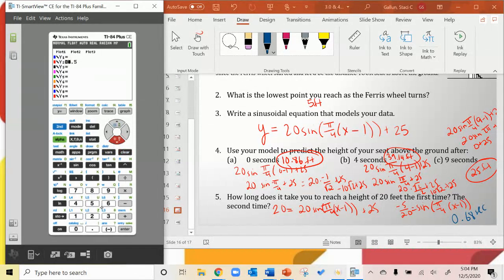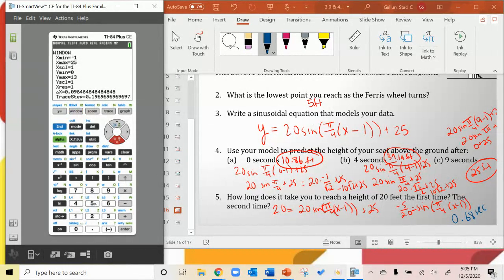Let's also take a look at the graph, and I've got other stuff in here, sorry. In Y2, I'll put the 20, and in Y1, not the 205. Oh my goodness. Well, finicky. 20. And then here I've got, what was it? 20 sine, and I should probably change this a little bit.